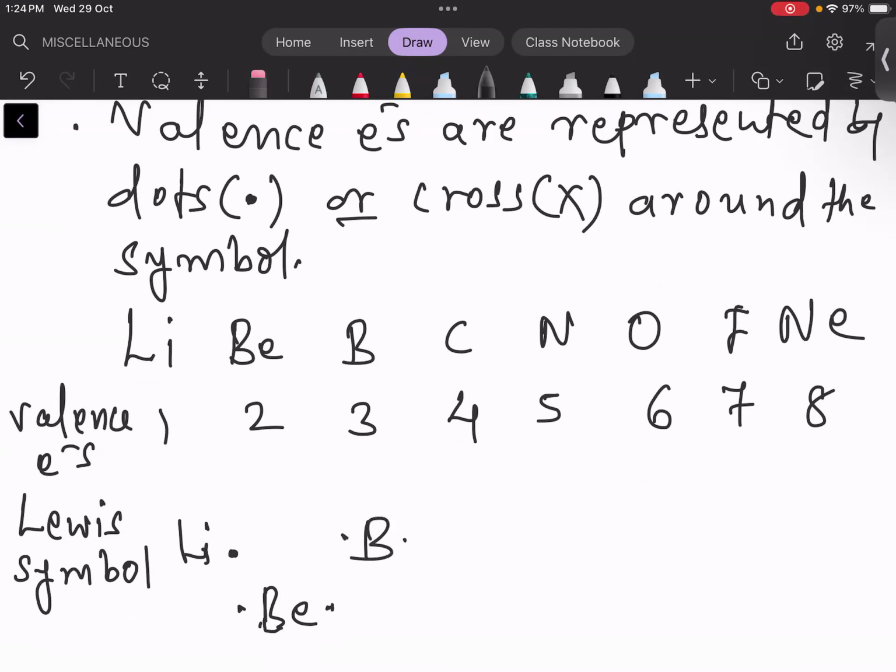Then boron 3 dots. Then carbon 4 dots. Then nitrogen 5 dots. Then oxygen 6 dots. Then fluorine 7 dots. Then neon 4 pairs like this. So this is what Lewis symbol.